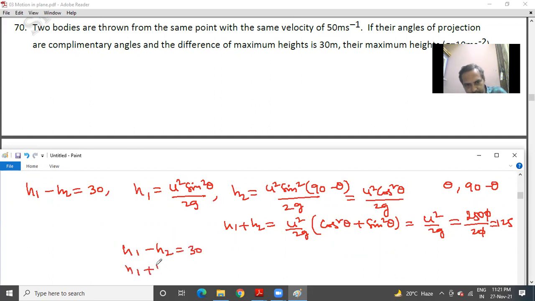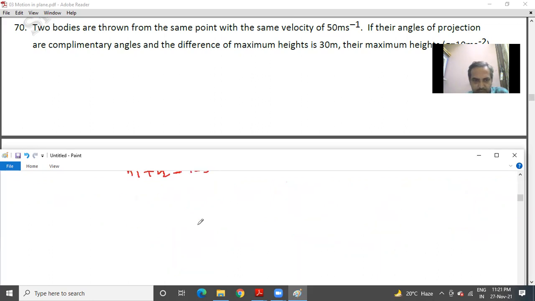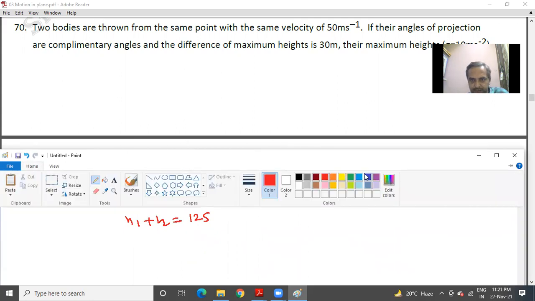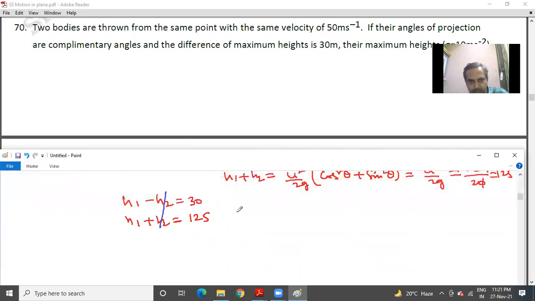So let us solve these two. These two get cancelled first, so it will be 2h1 is equal to 155. Then h1 will be equal to 155 by 2, that is 77.5.